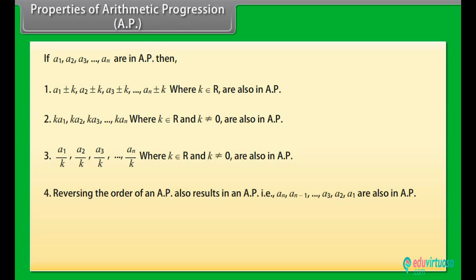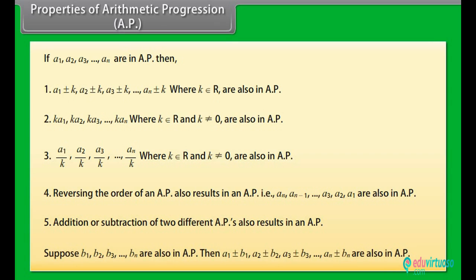Reversing the order of an AP also results in an AP, that is, An, An minus 1, up to A3, A2, A1 are also in AP. Addition or subtraction of two different APs also results in an AP. Suppose B1, B2, B3 up to Bn are also in AP.